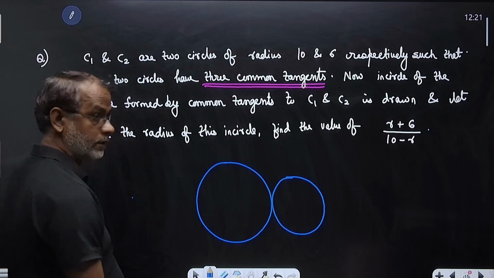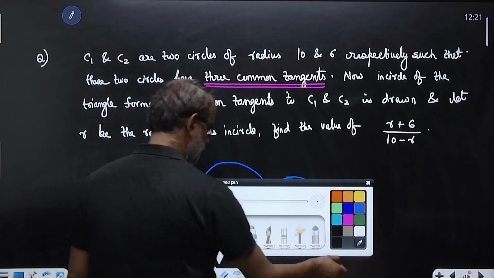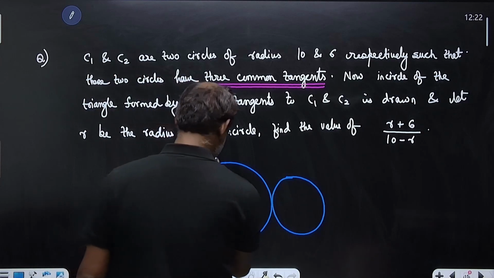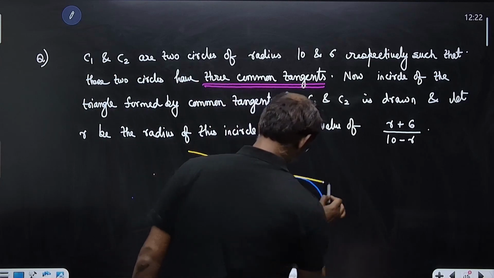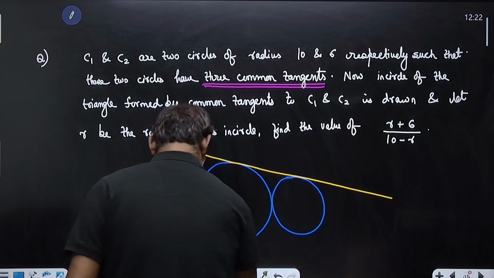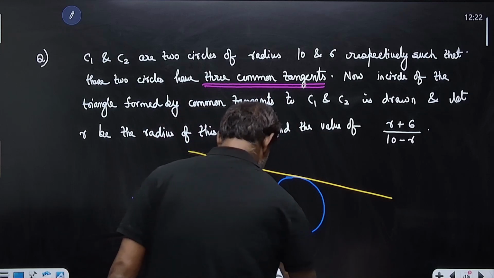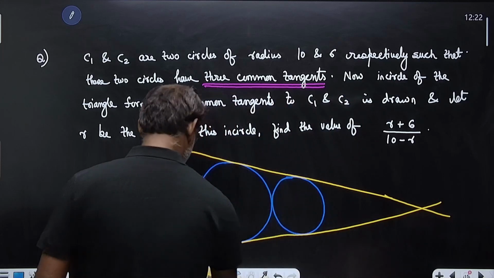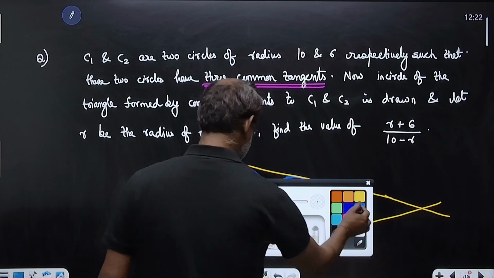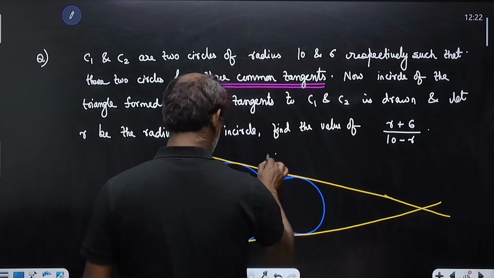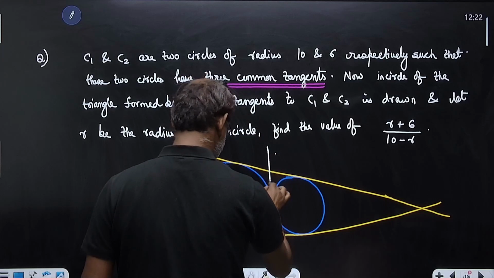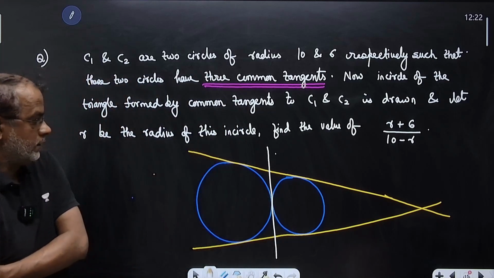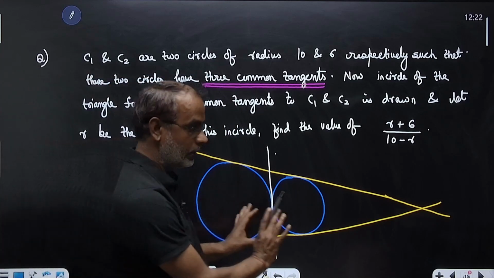In this case, we have two direct common tangents and one transverse common tangent.